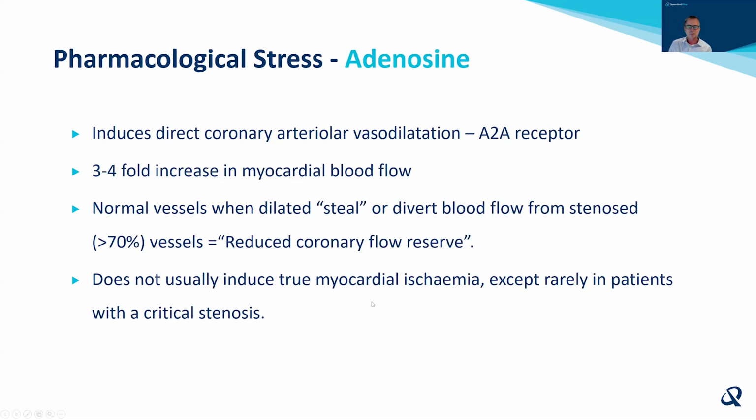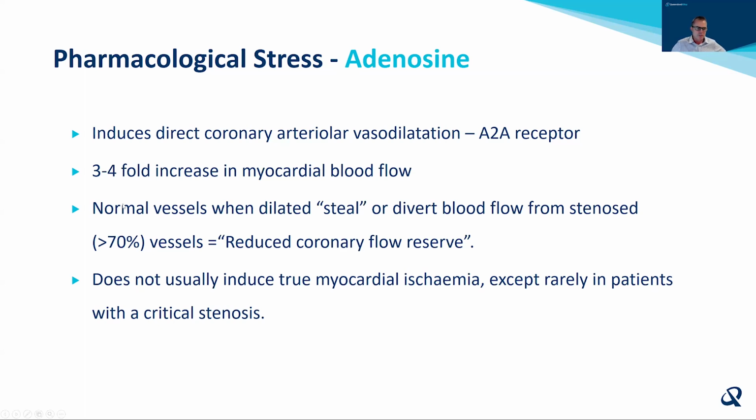So I'm just going to talk a little bit about adenosine because that's the only stress agent we use at the moment because dipyridamole is no longer available, and adenosine is actually quicker and more effective, I think. So adenosine induces direct coronary arterial vasodilatation by the A2A receptor. It produces a 3 to 4-fold increase in myocardial blood flow.